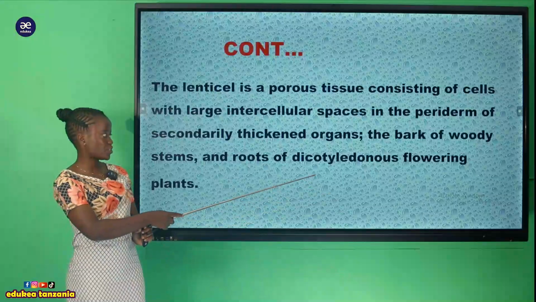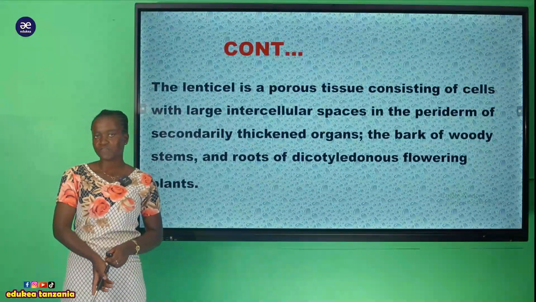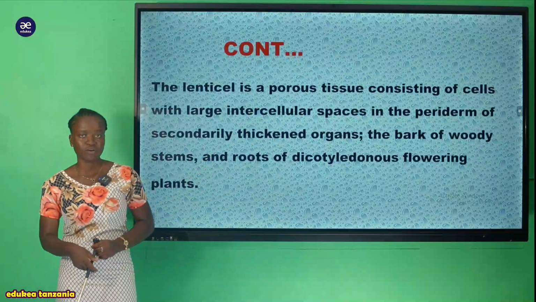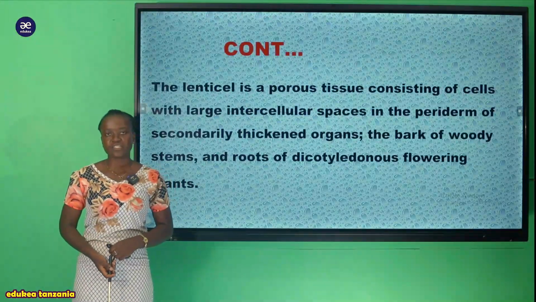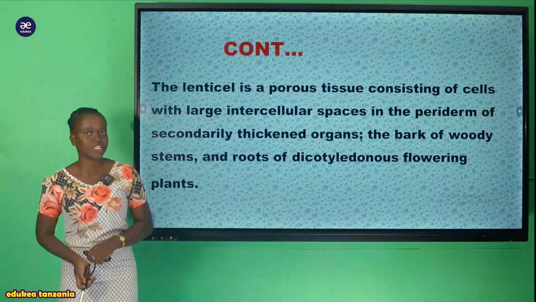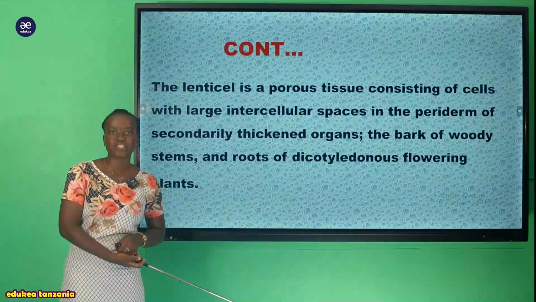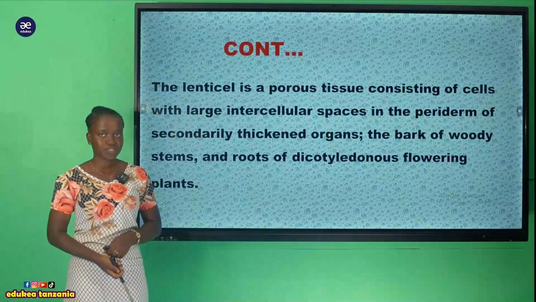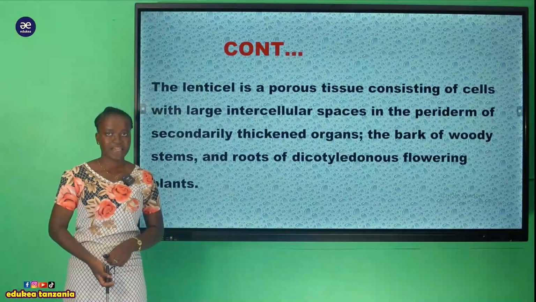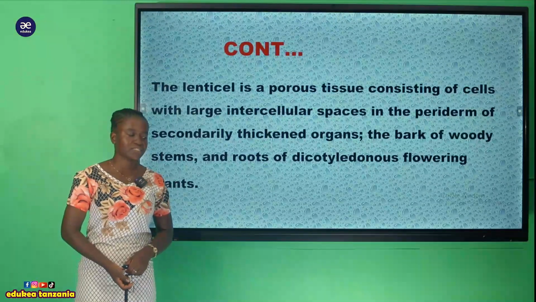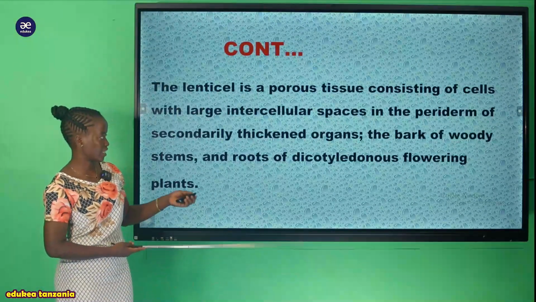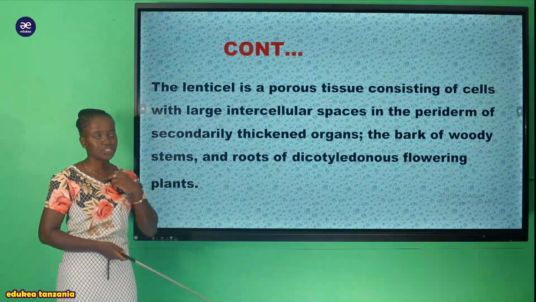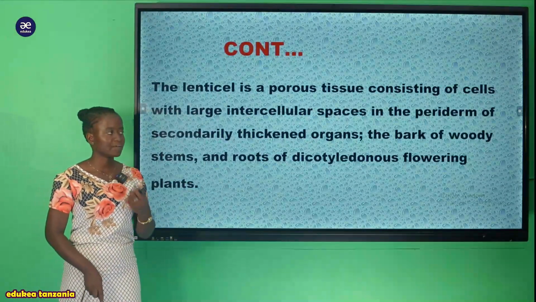So in those dicotyledon roots of most flowering plants you can find the presence of lenticels, and those lenticels are responsible for exchanging the gases, that is carbon dioxide and the oxygen gases. And those pores are just found in the bark of a woody stem or in the root of the dicotyledon flowering plant.